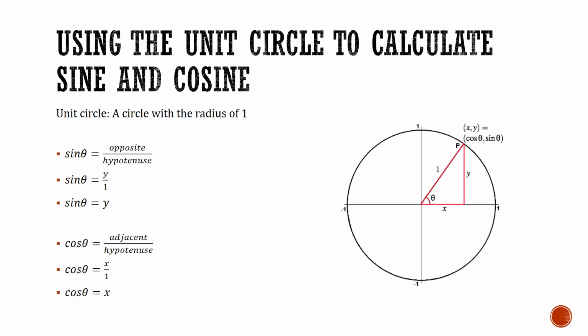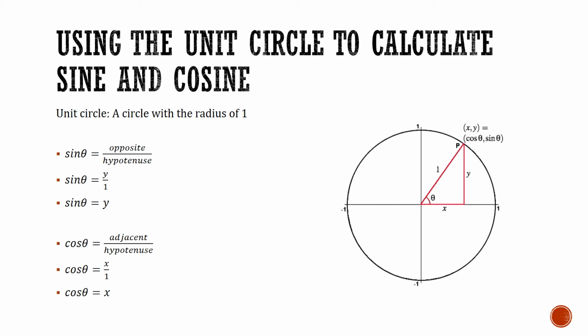And using that, we can then calculate the value of sine and cosine of the angle really easily, because sine and cosine are the opposite and the adjacent over the hypotenuse, and because the hypotenuse is 1, opposite over hypotenuse equals the y divided by 1. Y divided by 1 is just y.